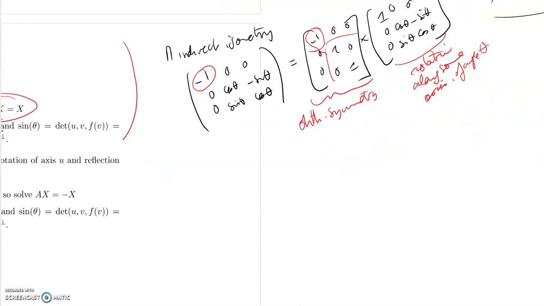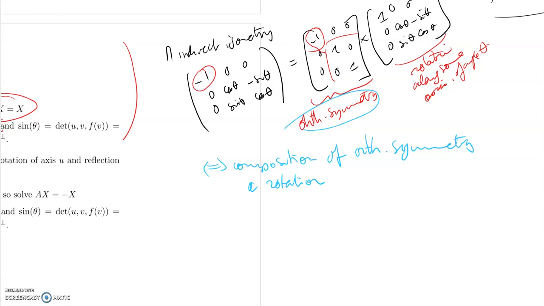It corresponds to the composition of the transformations. So we have the composition of a reflection, this orthogonal symmetry, and a rotation of angle theta.